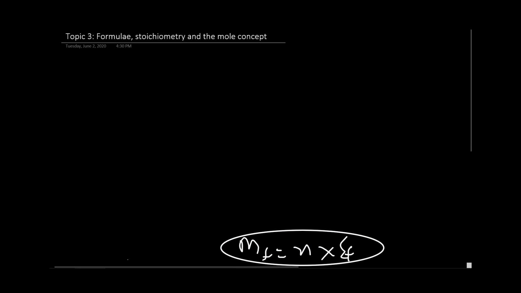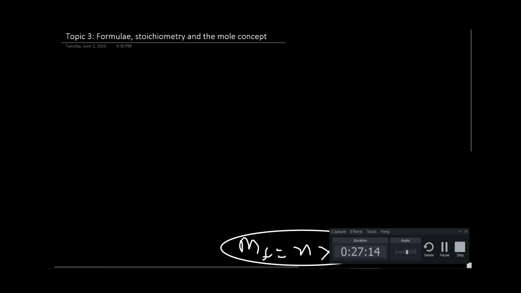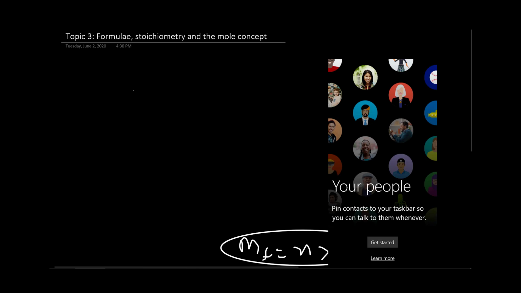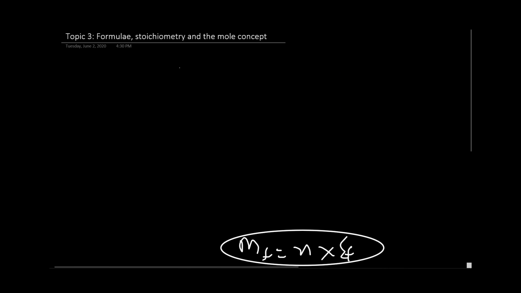But when you're not provided with a direct molecular formula, and you're only provided with information relevant to the molecular formula, how do you calculate your empirical formula?